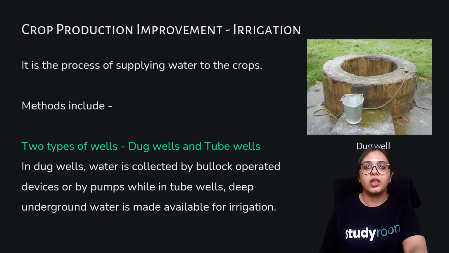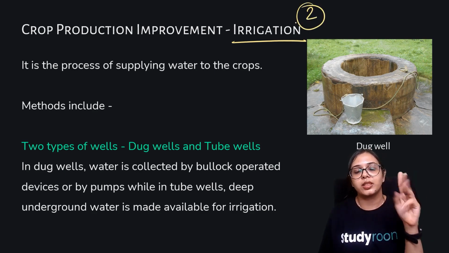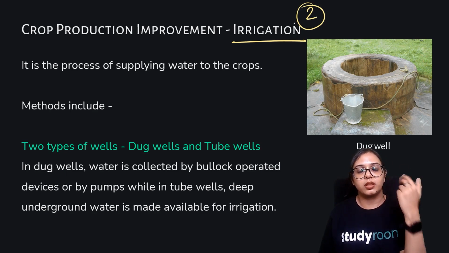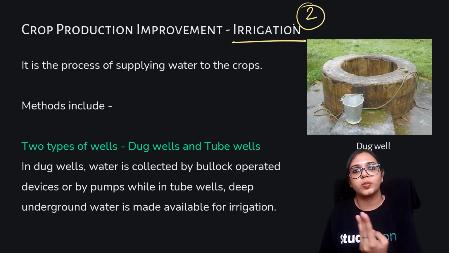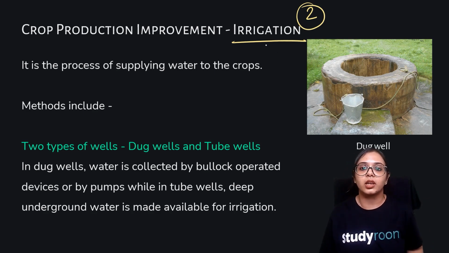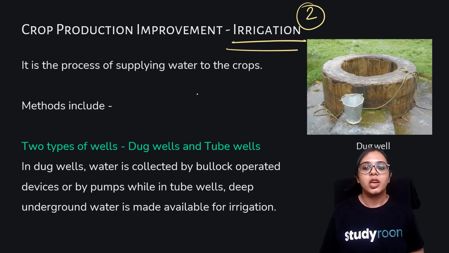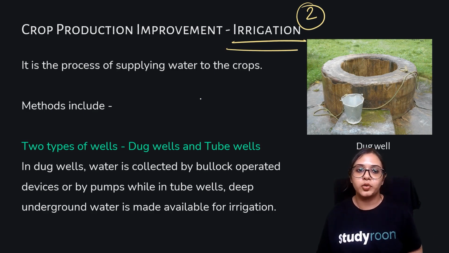The second category for crop production management is improvement of irrigation. We learned that there are three types: irrigation, nutrient management, and crop patterns. Here we will be learning about irrigation. It is the process of supplying water to the crop, since water is essential, carrying important nutrients.